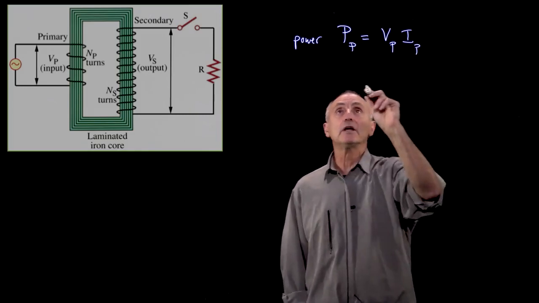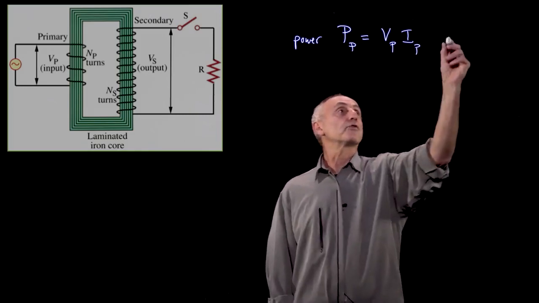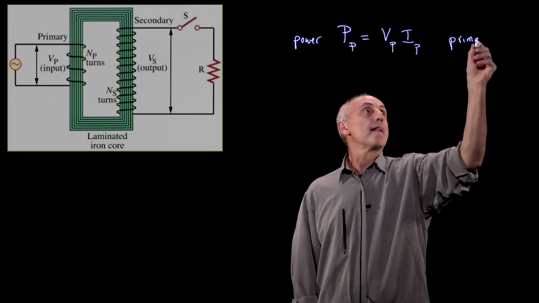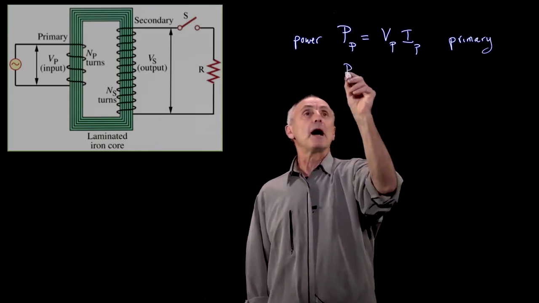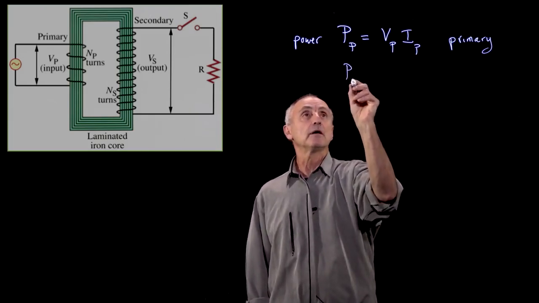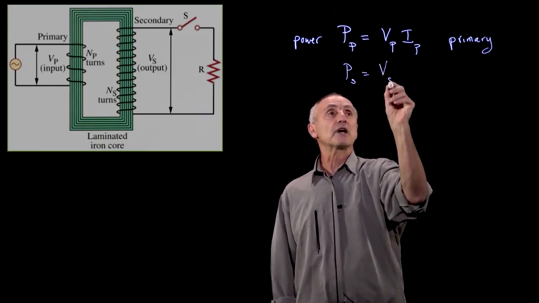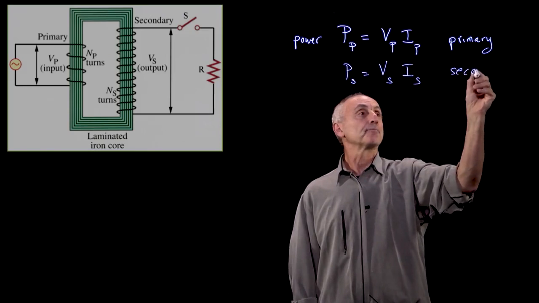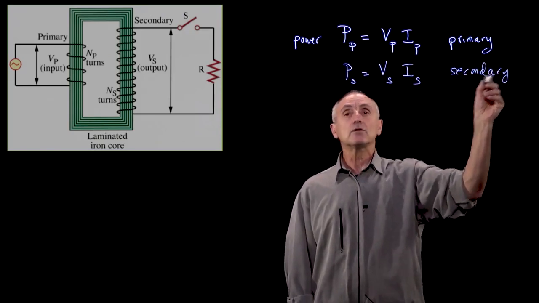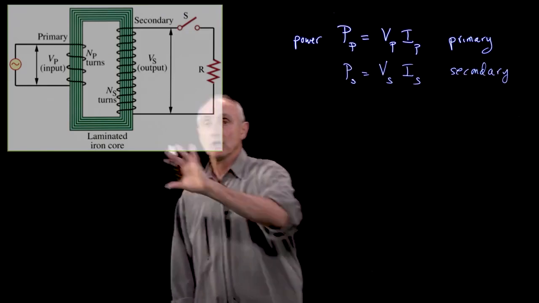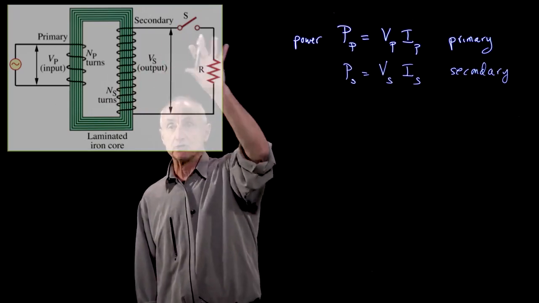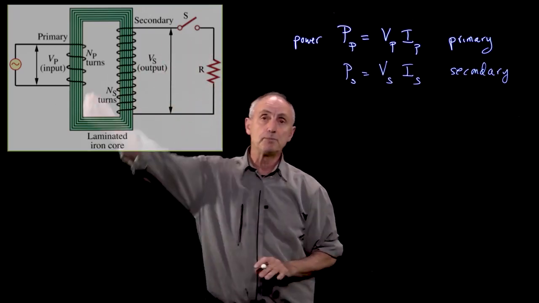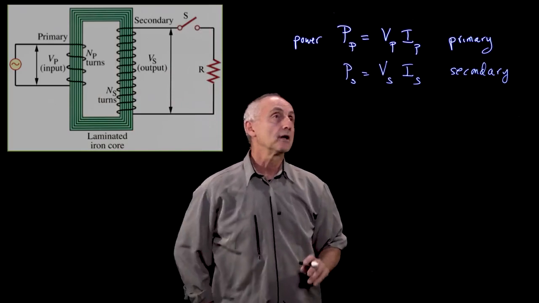And in our secondary, the power is equal to the voltage in the secondary times the current that goes through the secondary. We'd have to close the circuit here because at the moment there's no current flowing through the secondary; it would be when we close the switch.